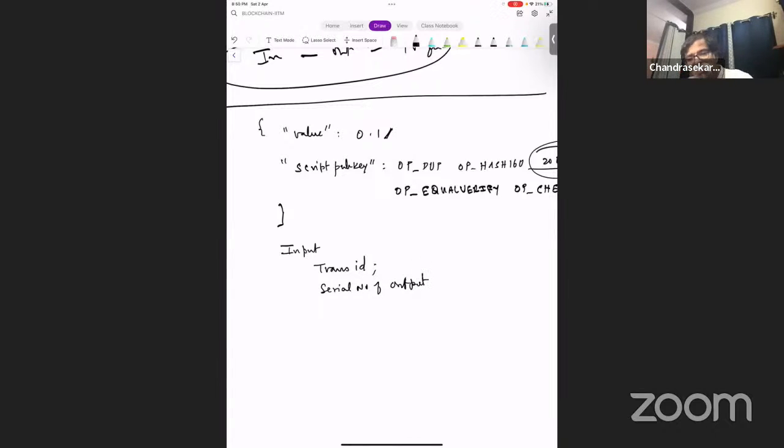Because there may be several outputs, as we have discussed, only one of the outputs belongs to him. He will point out that it is that output value he is going to use here.